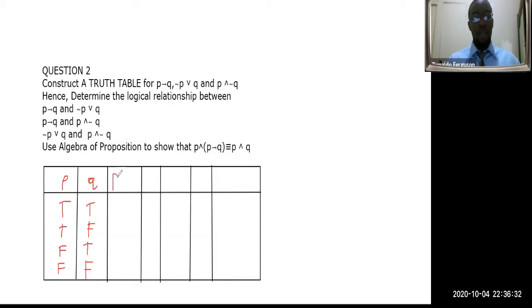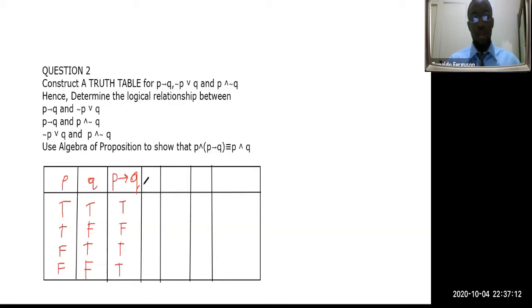And then what we need is P implies Q. P implies Q right here is going to be true, false, true, true. And how do we know that? The only time a conditional statement is false is when the antecedent is true but the consequent is false. That's the only time it is false.